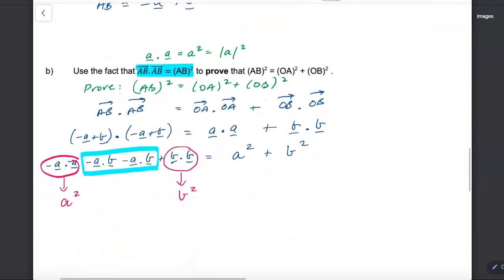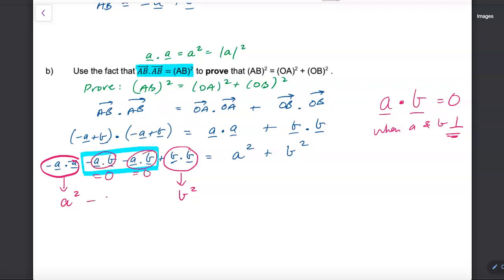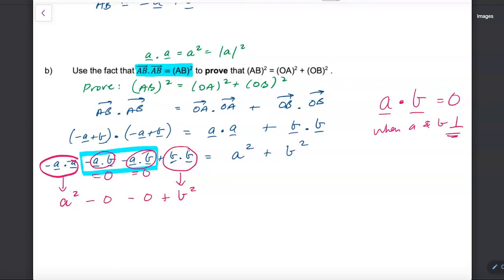So when we consider that fact, we're going to pull on the fact that vector A dot product with vector B is equal to 0 when A and B are perpendicular. So we know that this value here equals 0 and this value here equals 0. So we've got take 0, take 0. And on our right side, we've got A squared plus B squared.